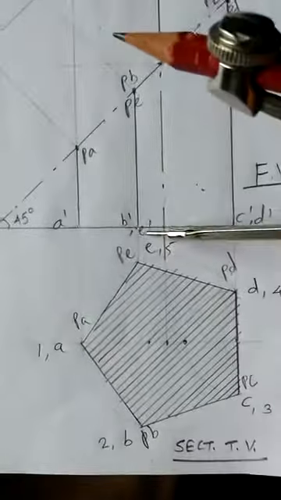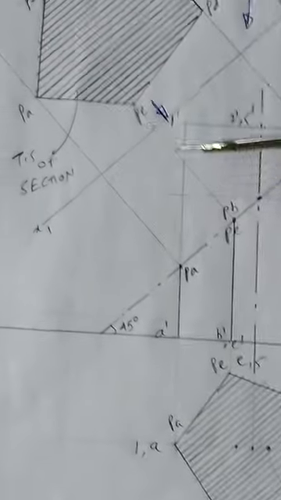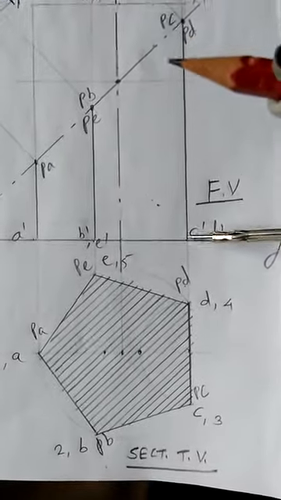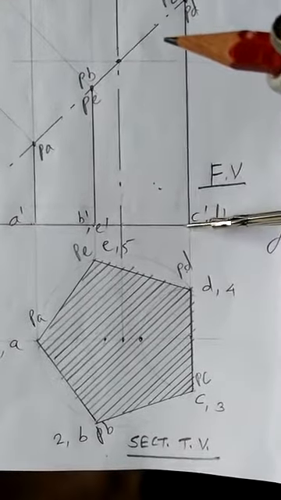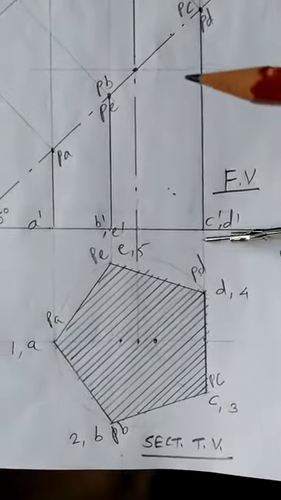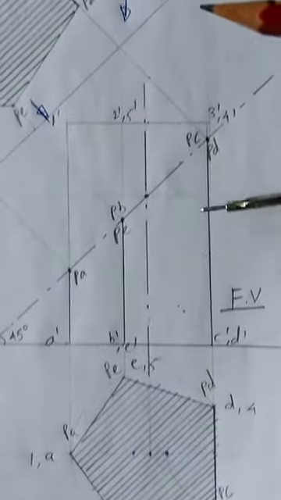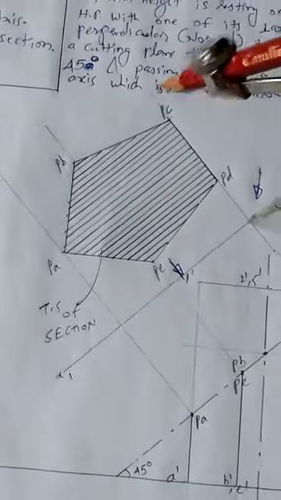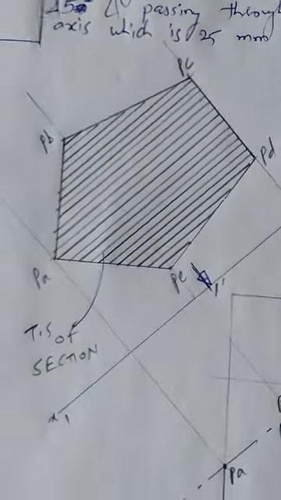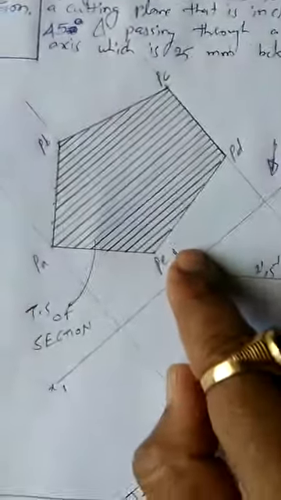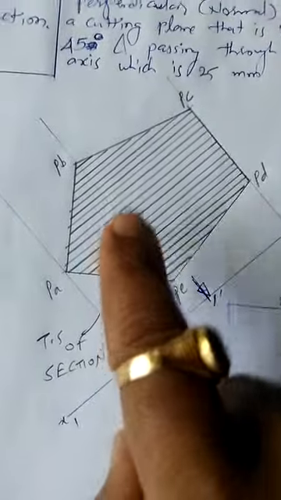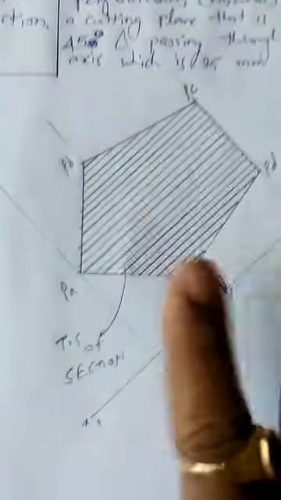Similarly pick PE, follow in this way, come over here, and transfer that distance here. Similarly, from the XY line, pick this PD as well as the PC distance, follow the projector in this way, come over here, and beyond X1 Y1 transfer the corresponding PD and PC. Now after that, connect all these lines with a dark, continuous thick line. This is nothing but the true shape of the section, which is the expected final solution from this narration.